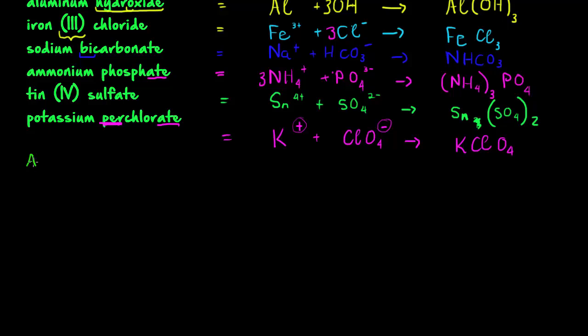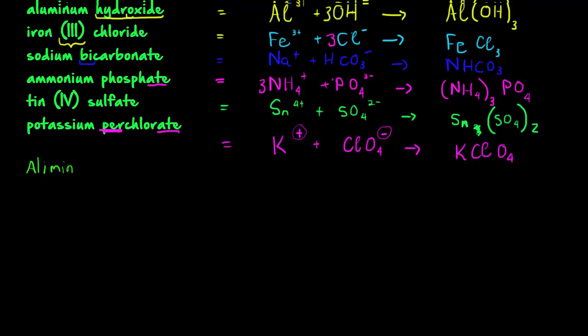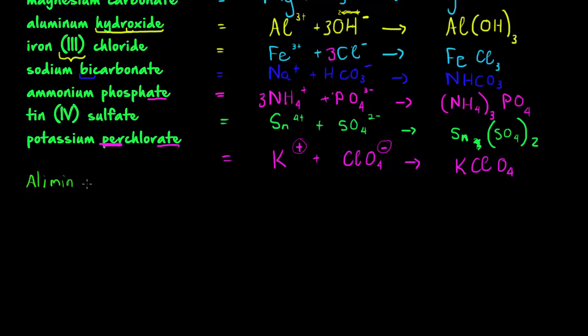Okay, it's aluminium sulfite. Great. Aluminium, we've already seen, has a 3 positive charge because it's in group 3.